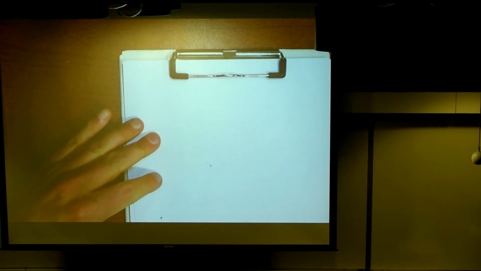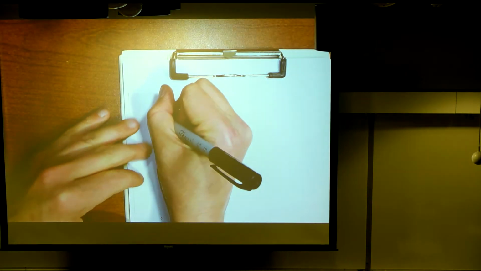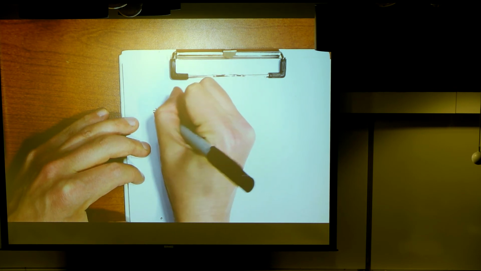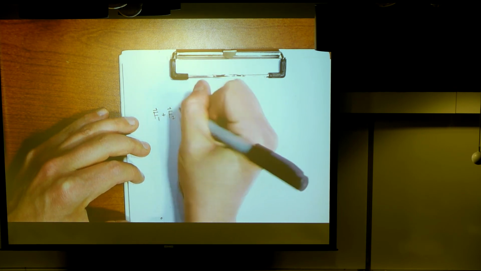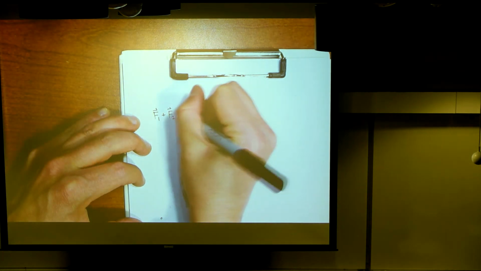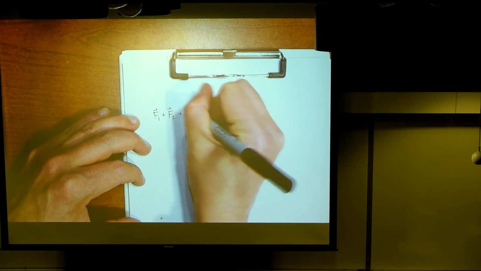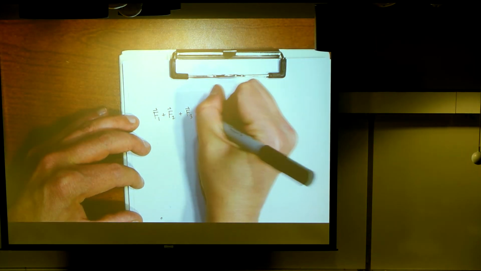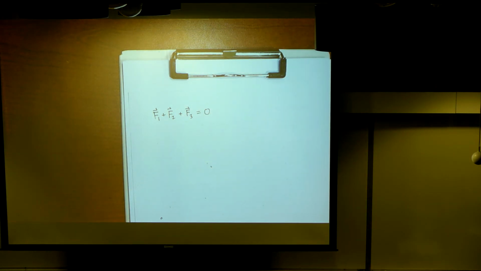Okay, so let's work it out. So the problem, if we state it as an equation, is we have three forces, F1, F2, which are shown on the diagram, and then there's some unknown F3, which I'm trying to work out, which when we add them all together equals 0.